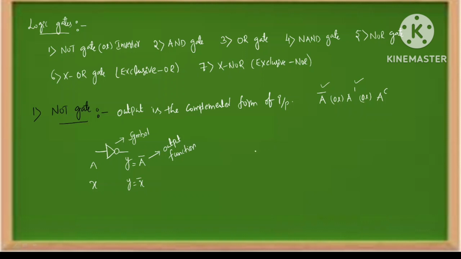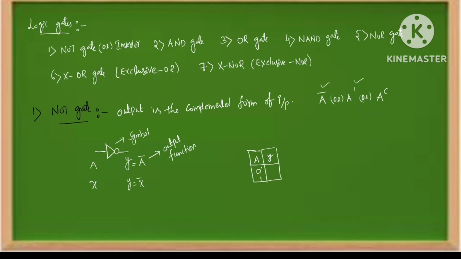Now, how can you form its truth table? Here we have only one input, so I consider only one variable. For one variable, there are only two possible values: A can be either 0 or 1. Y is A complement.